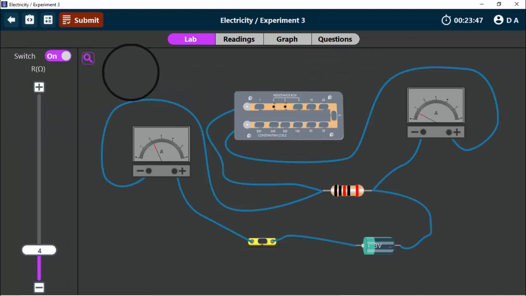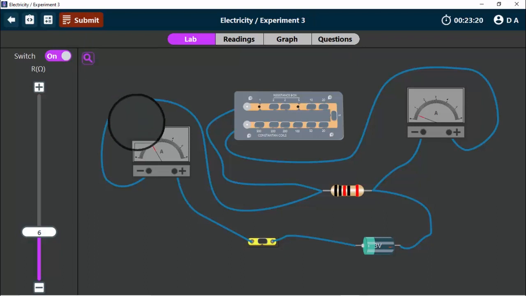So let's take the third reading. You switch off or remove the plug. Since we want to get 6, you remove the first plug, which is pointing to 1 ohm, and you move the plug pointing to 5 ohm, making 6 altogether. You switch on or insert the plug of the key, and we'll take the measurements. The measurement here is less than 2, but very close to 2, very close to 1.9.